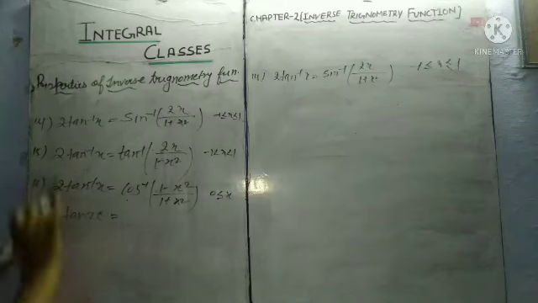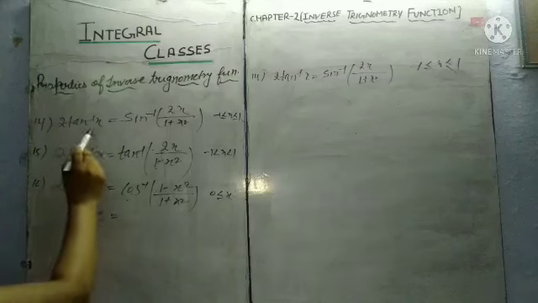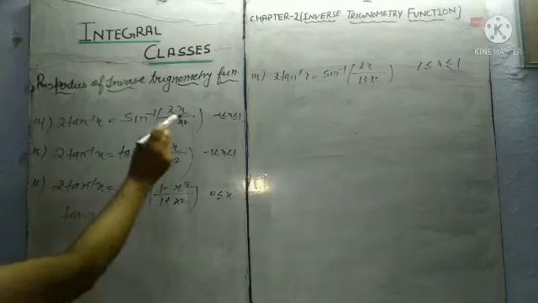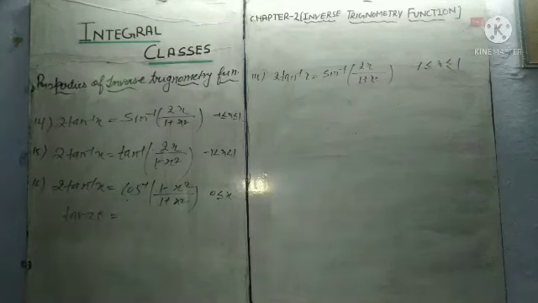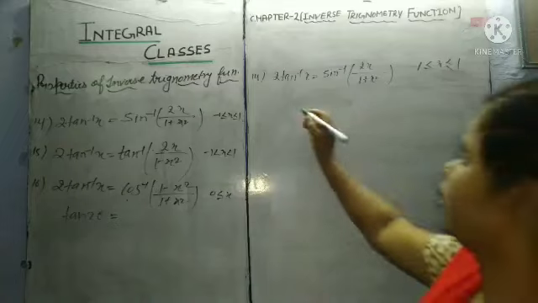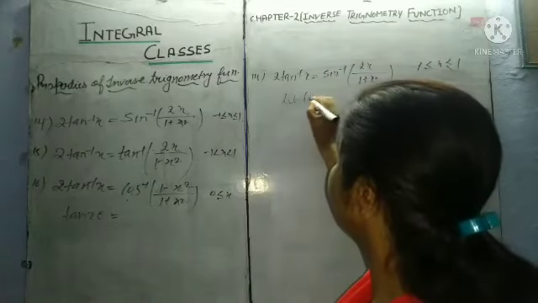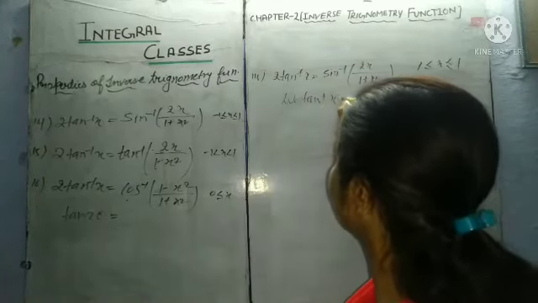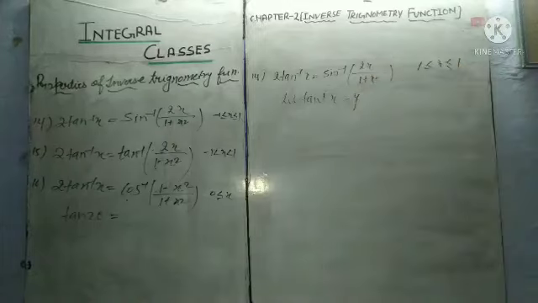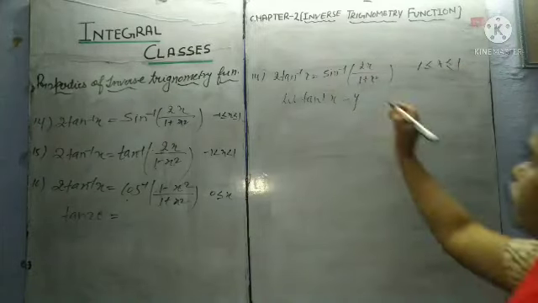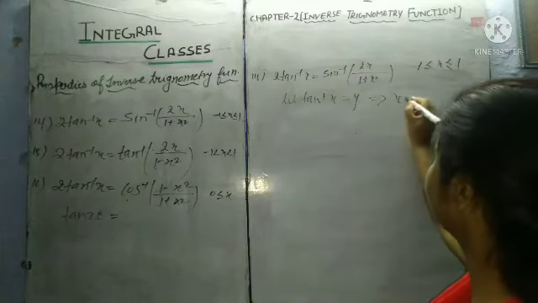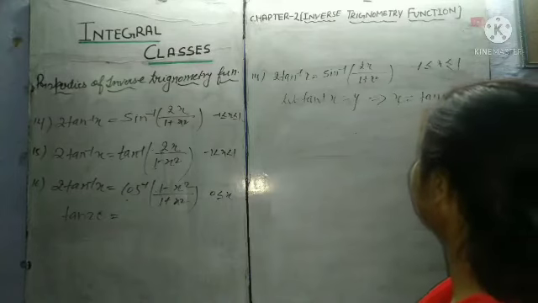So first I will explain property 14, which is 2 tan inverse x is equal to sin inverse of 2x upon (1 plus x square). So student, for this property we take tan inverse x equal to y. So it will become x equal to tan y.